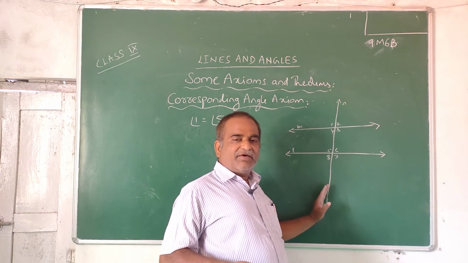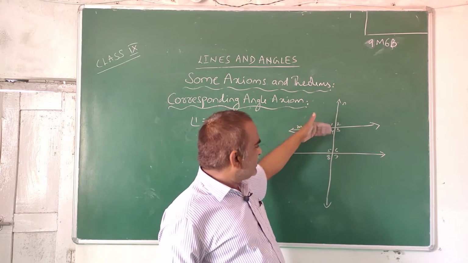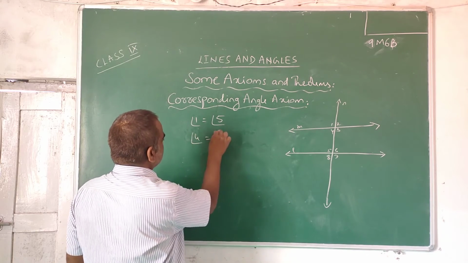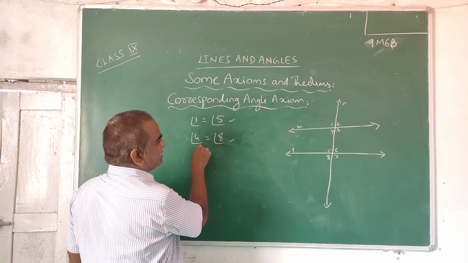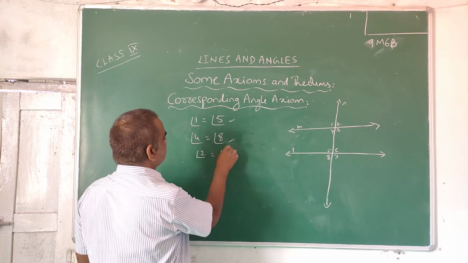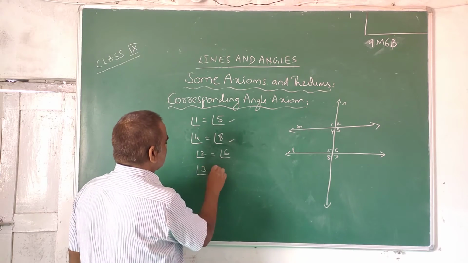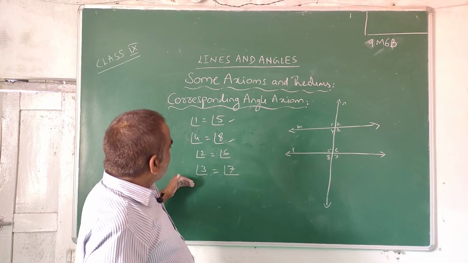Both are on the same side of the transversal, one is interior and one is exterior. So angle 1, angle 5; angle 4, angle 8, these two are equal. Next, angle 2 is equal to angle 6. Are you following? Next, angle 3 is equal to angle 7. So like this the corresponding angles are equal.